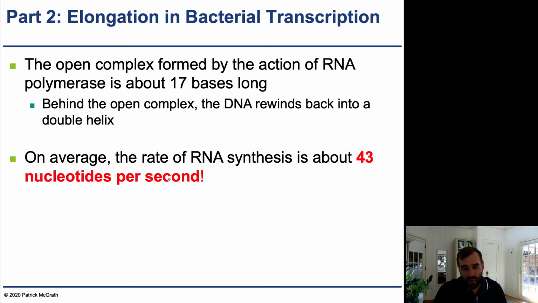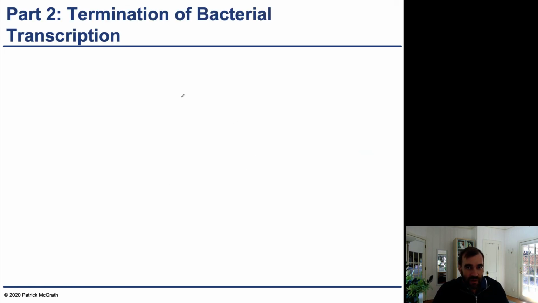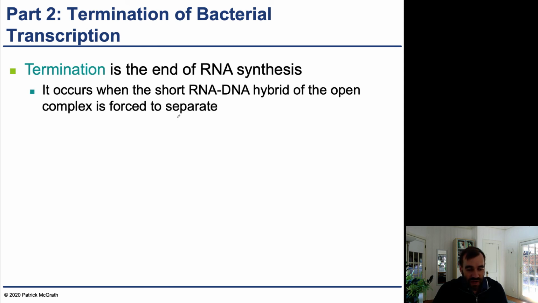On average, the rate of RNA synthesis is about 43 nucleotides per second. So once elongation occurs, you're incorporating nucleotides pretty fast into each of these mRNA. There's not really much to know about elongation, but termination is when it ends.